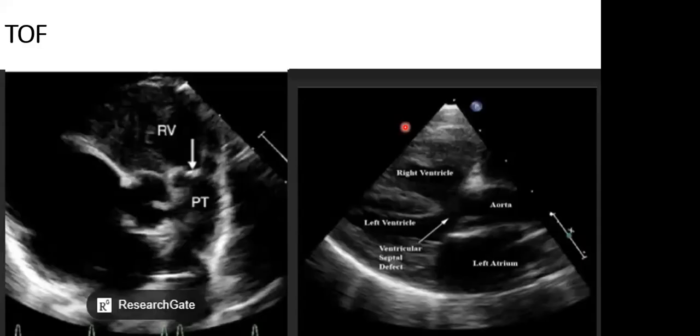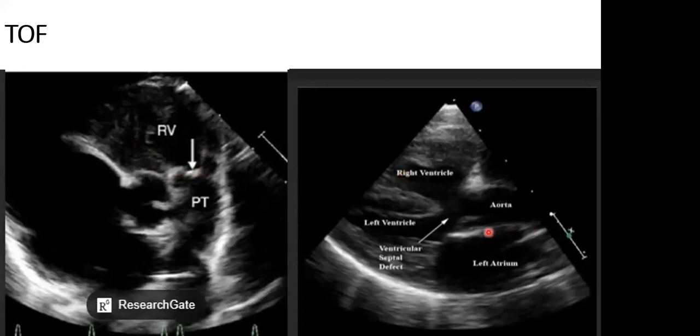Okay, so this picture basically is an echocardiographic picture showing us a patient with tetralogy of Fallot. This is parasternal short axis. If you notice here, the arrow is actually pointing at the pulmonary valve. The pulmonary valve looks thickened, and looking at it, it looks stenosed. So that's basically what this picture is showing us, a stenosed pulmonary valve.